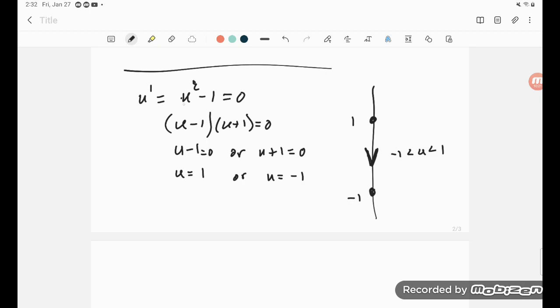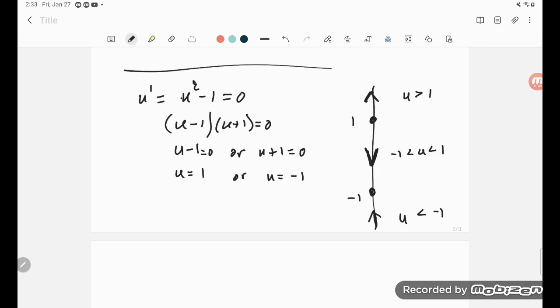If I have u bigger than 1, then the derivative will be positive, and I create an arrow going up like that. And if u is less than -1, then u squared will be positive, and I'll get a positive out of that.